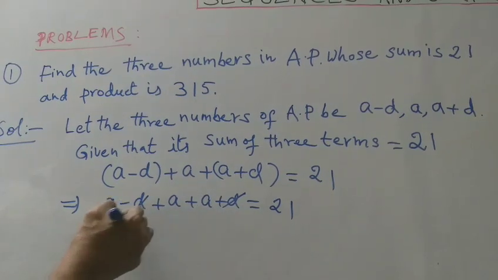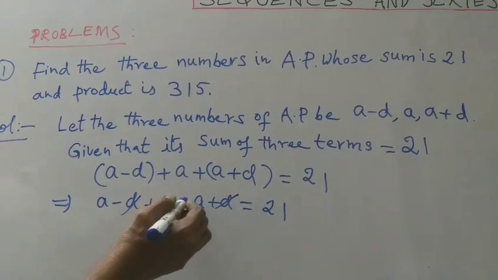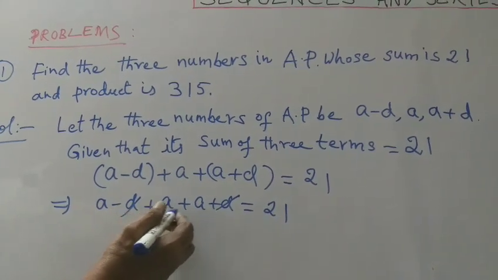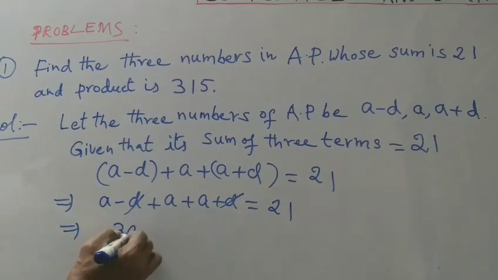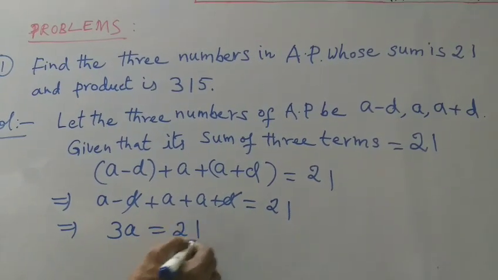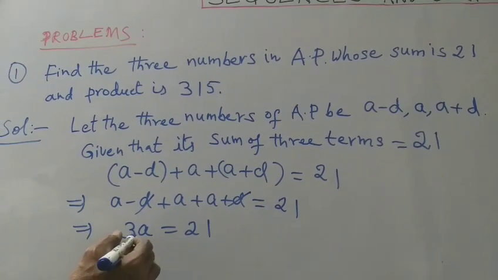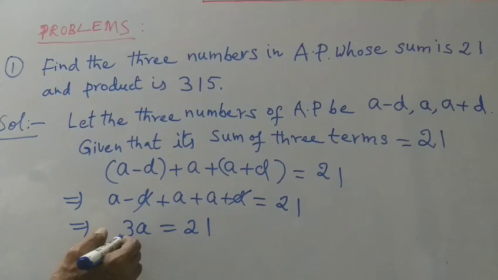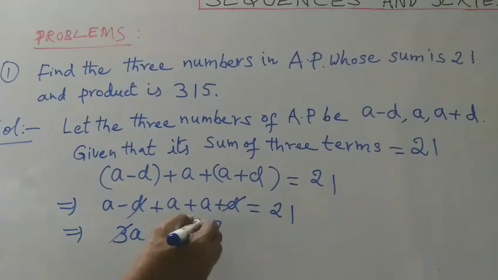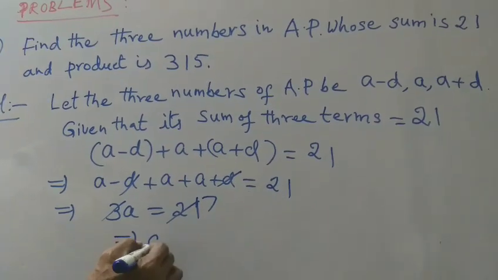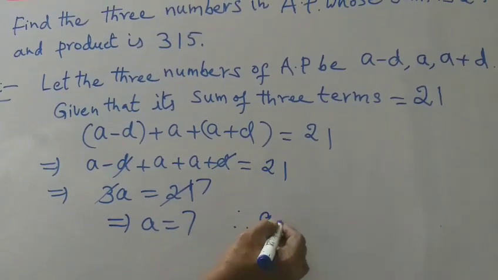Both are cancelled here. And the leftover terms are a plus a plus a. Sum of these three a's becomes 3a. 3a is equal to 21. On both sides, cancelling 21 by 3, 3 sevens are 21. Therefore, a is equal to 7.